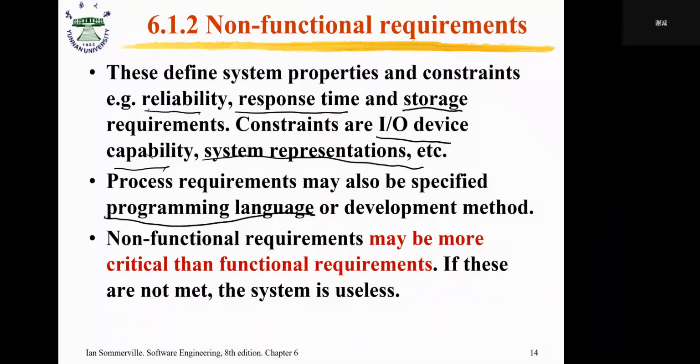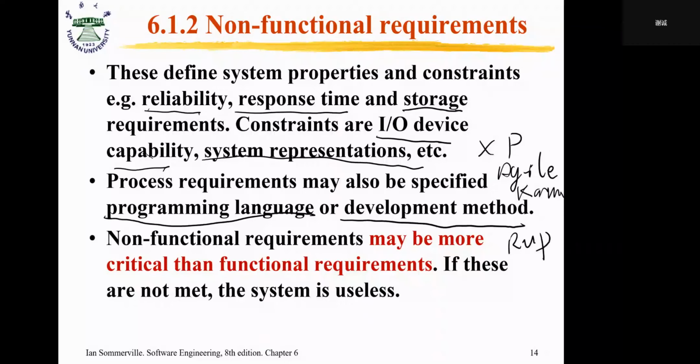You should know that programming language is not a functional requirement. It is a non-functional requirement. Or a development method, like the XP method, or the Rational Unified Process method. We will introduce these in a future chapter.